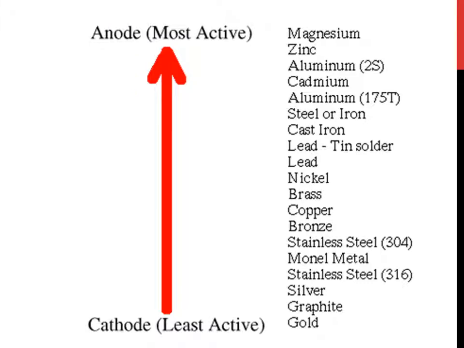We can explain this electrochemical theory of corrosion, or the rusting process, by taking this diagram. You can see the representation of the metal surface by the notation M, and n is the number of electrons.